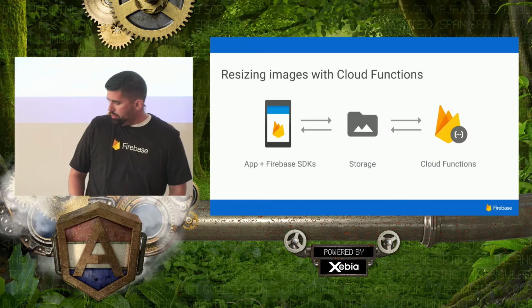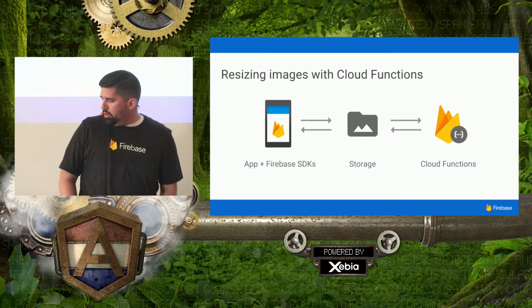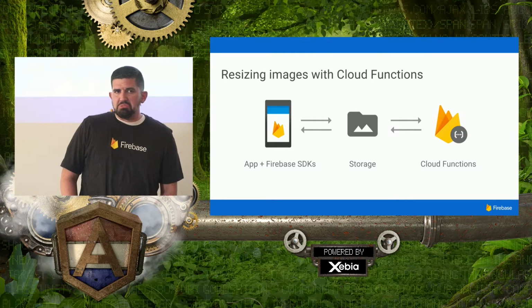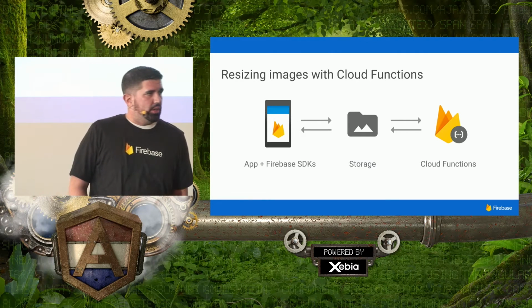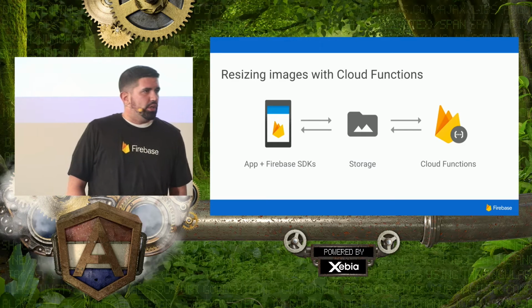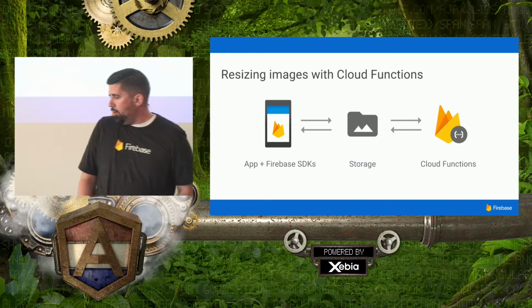So a basic example, we have Firebase in our app. We upload an image to storage. Now you could have spun up a server with ImageMagick running and make a REST call to initiate it and then push data and assets around.